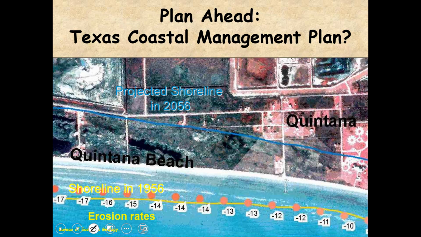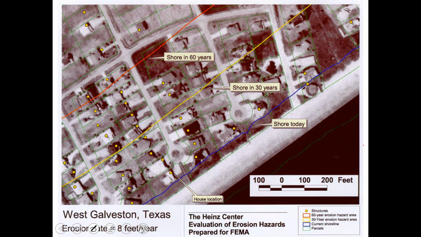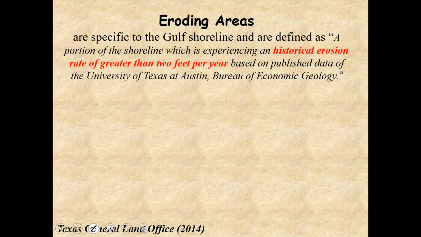Whatever the Texas Coastal Management Zone is going to do, it has to recognize that we have erosion and limited options. And so we can tell you what the erosion rate will be, although we will no longer show you pictures like this because realtors and homeowners don't like the fact that their homes are marked in a zone that might be gone in 60 years.